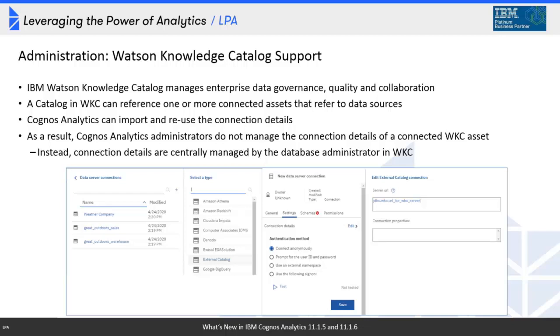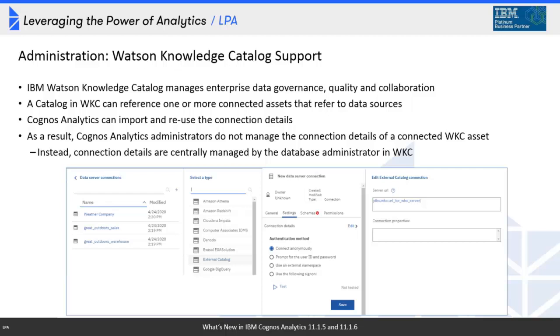From an administration perspective, if you own Watson Knowledge Catalog, which is, in a gross oversimplification, a way for you to centrally manage and govern your data assets. You can define a connection in Watson Catalog Manager to a data asset, and then Cognos can turn around in the data server tool and just access that definition.